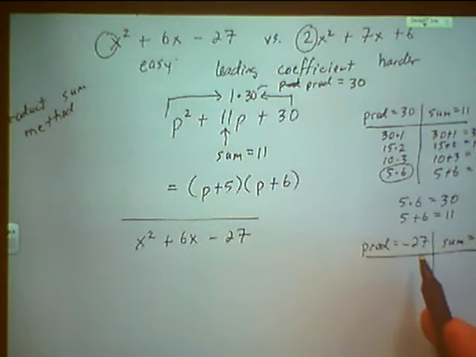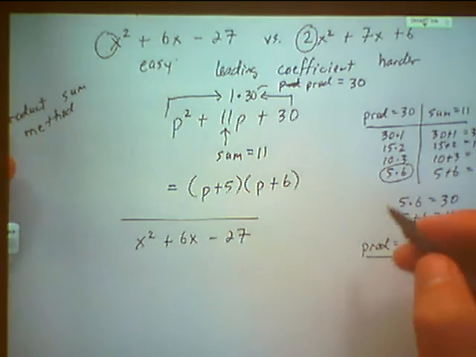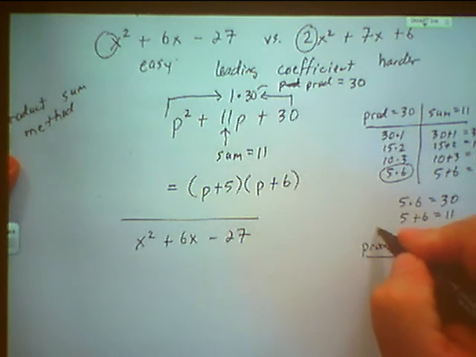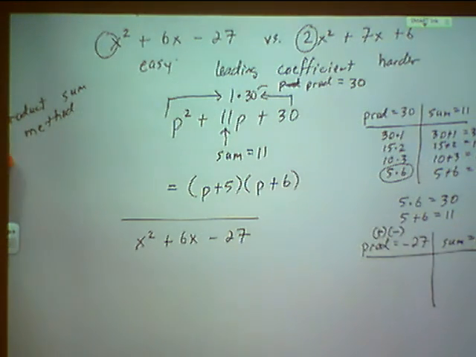Now here's what's interesting in this case. My product is a negative 27. What has to be true when you multiply two numbers together to get a negative number? Well, one number has to be positive and one number has to be negative. So the two numbers here, I'm going to have to multiply a positive times a negative.